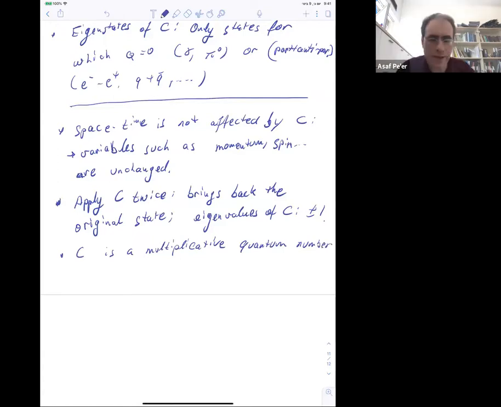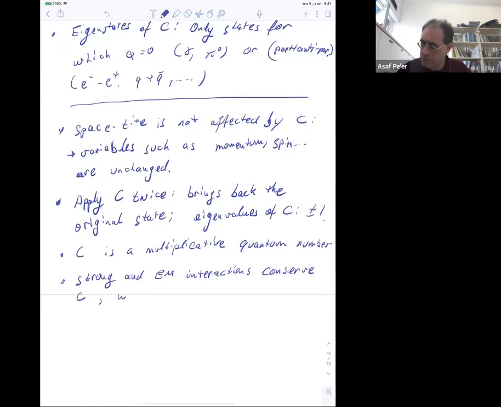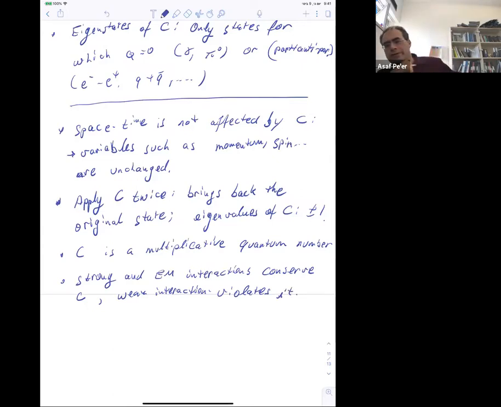And again, the strong and electromagnetic interactions do conserve C, but the weak interaction violates C. So that's kind of important because remember that one of the open questions that I marked at the beginning of this course is, why is the universe made of matter and not antimatter?